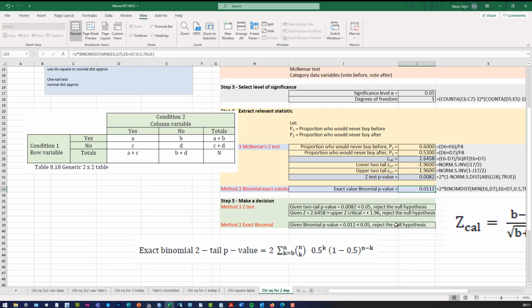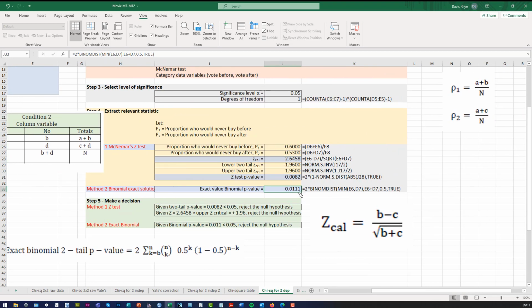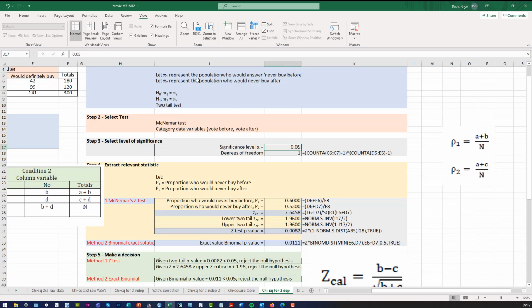That's better. All we do here is use this equation to calculate what the exact binomial p-value would give you. If you substitute the equation in using the BINOM.DIST function, as you can see there, it comes out to be 0.0111. Again, that's a lot smaller than the significance level. So we reject the null hypothesis, we accept the alternative hypothesis.